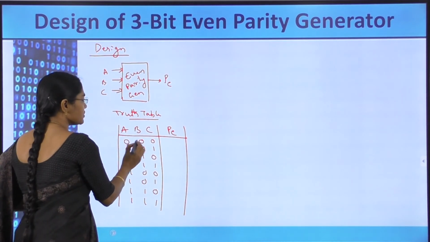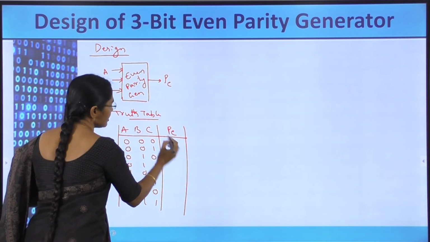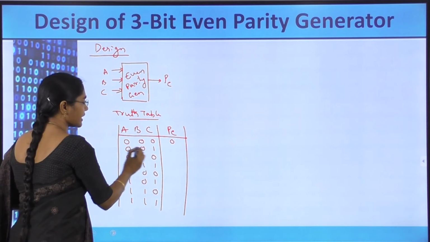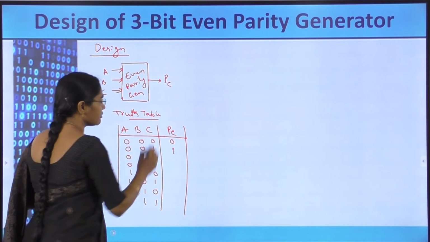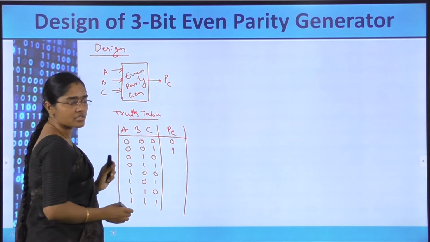So for the first combination 0 0 0, there is no 1, which is considered even, so the output is 0. Then for 0 0 1, the second combination, a single 1 is there, which is odd, therefore give 1. Combined with the parity bit, the total number of ones should be even.